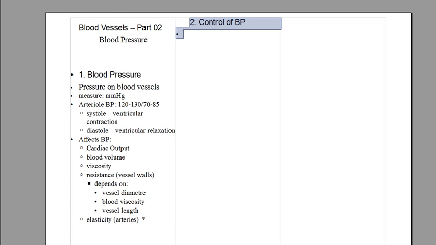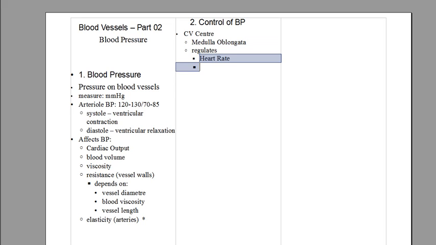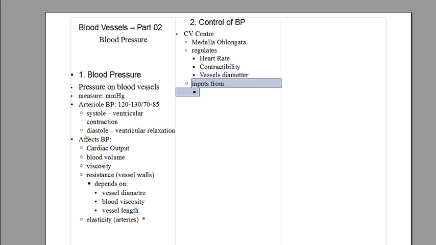Okay, and how does your body control your blood pressure? Well, everything happens from the cardiovascular center, which is located in your medulla oblongata, and the control center will regulate your heart rate, the contractility of your vessels, and the vessel diameter as well, by increasing or decreasing the vasoconstriction.